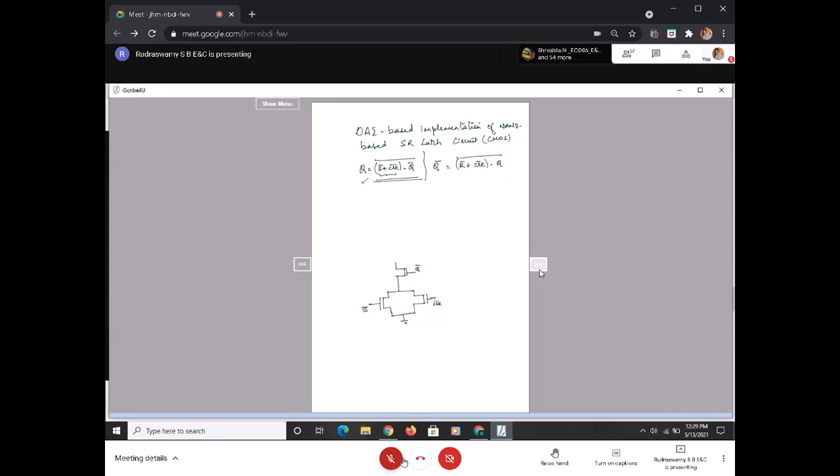So S bar and clock bar in the NMOS, they are parallel, so they become series. They become series with respect to, just a minute.